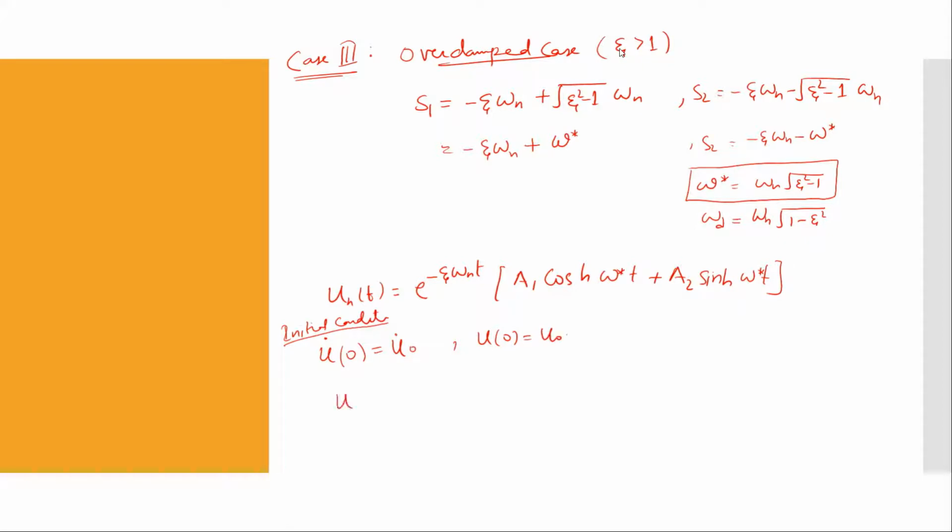So finally we will get the solution as e to the power minus xi omega n t into u naught cos hyperbolic omega star t plus u dot naught plus xi omega n into u naught upon omega star into sine hyperbolic omega star into t.